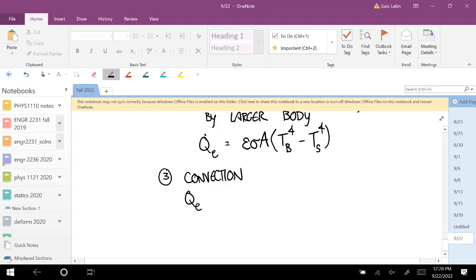But the heat emitted by convection is equal to a lowercase h times A times the difference in temperature between the body and the fluid. This h is a catch-all. That's the thing that you have to determine experimentally. And A is the surface area that's exposed to the fluid.